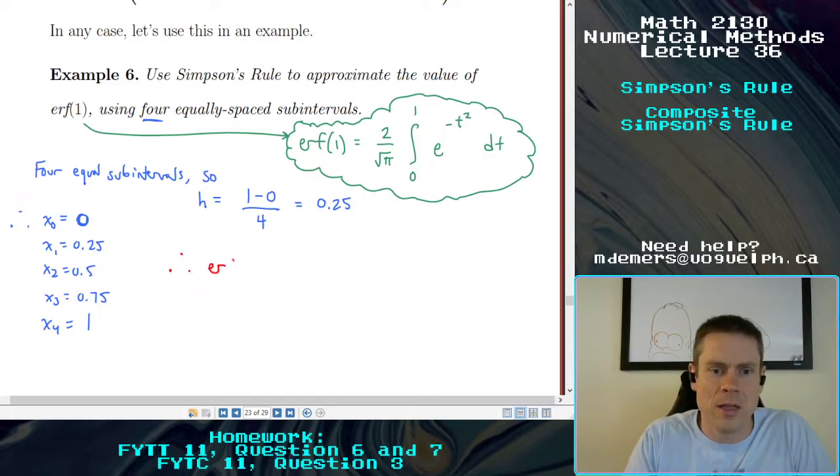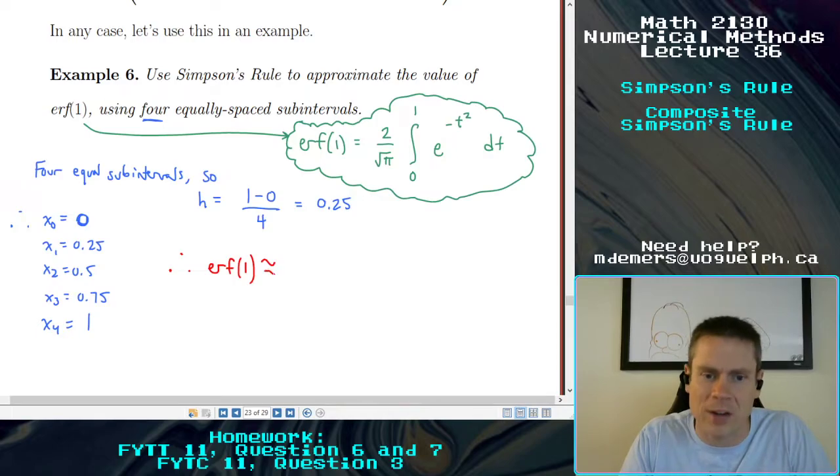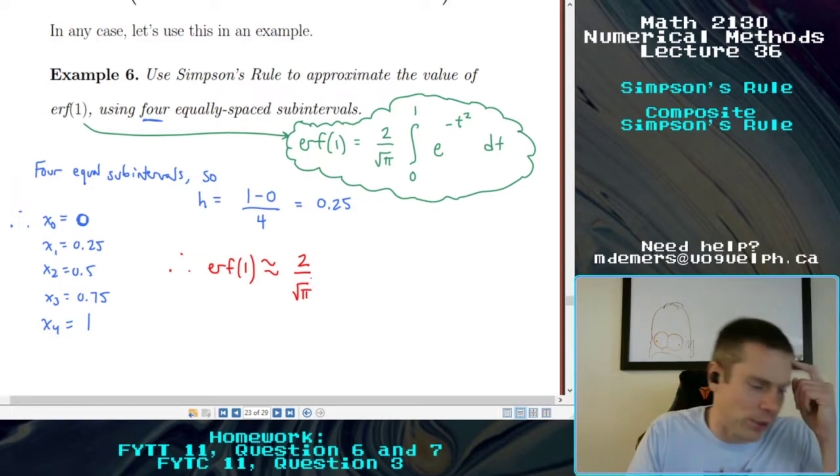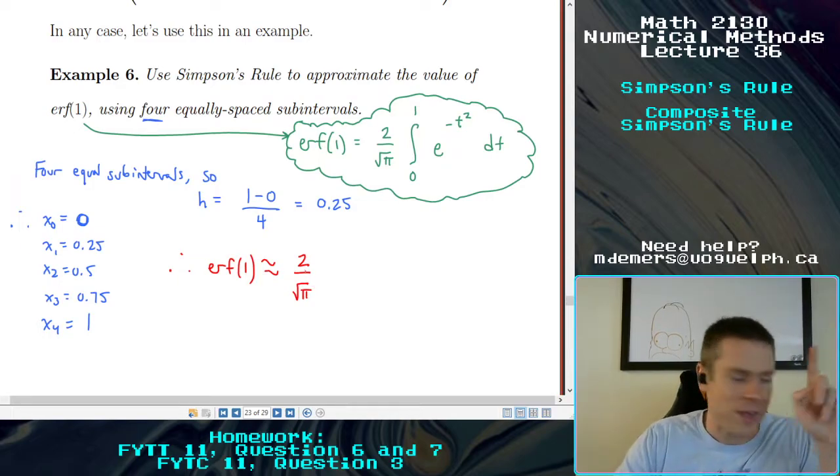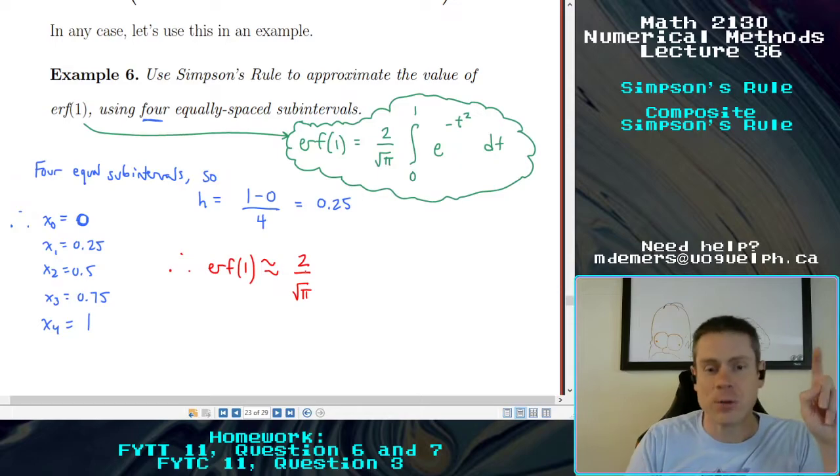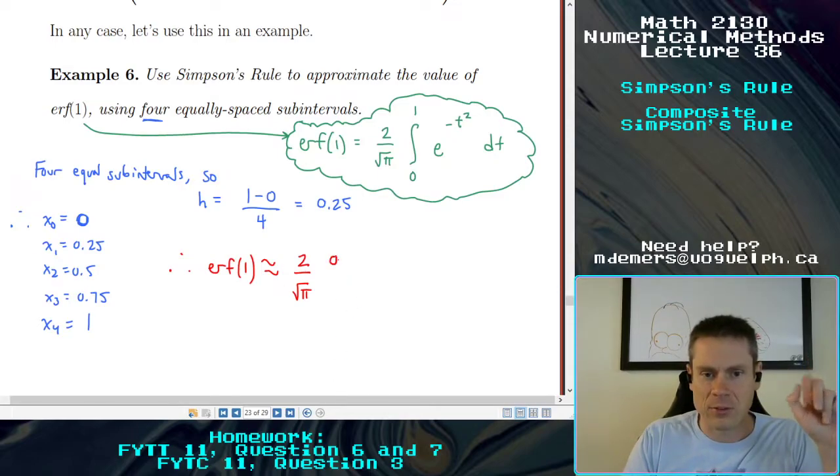So the error function at 1 is approximately equal to, using Simpson's rule, 2 over root pi times the value of the integral. Using that formula, we have an h over 3, that's 0.25 over 3.